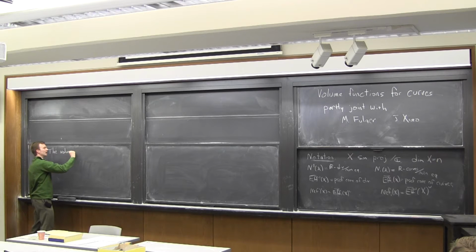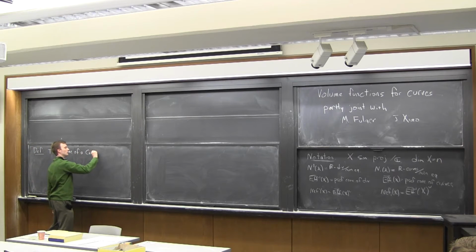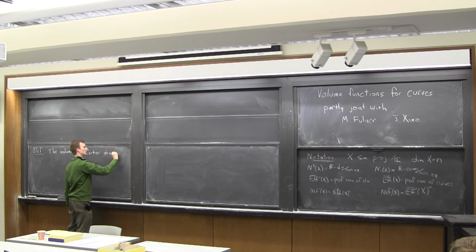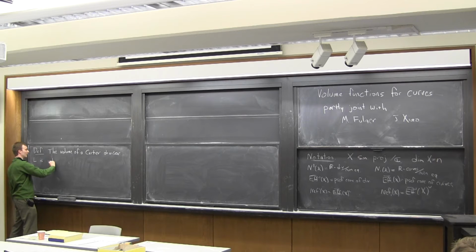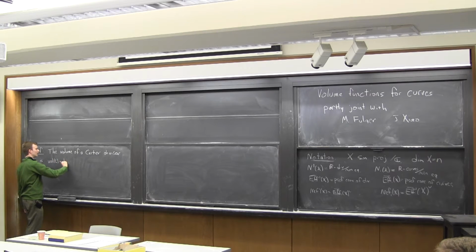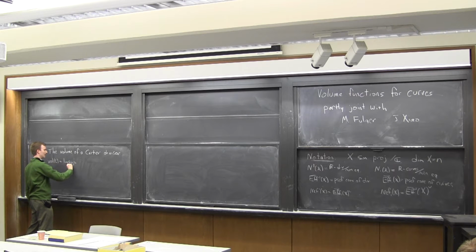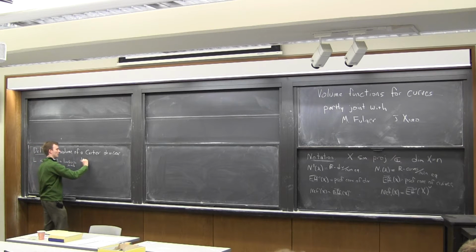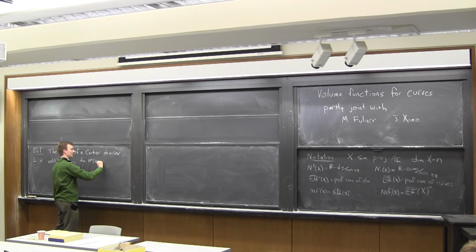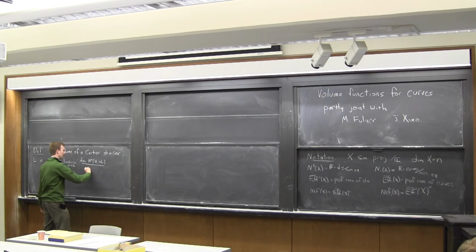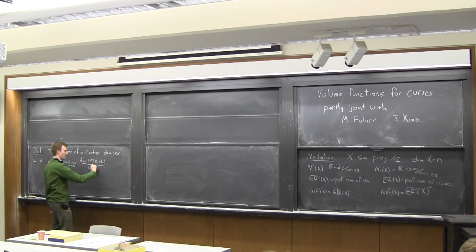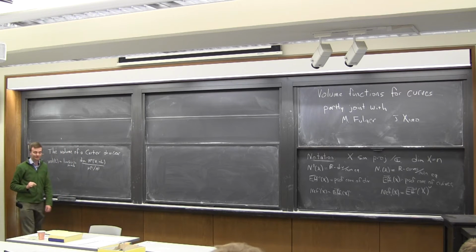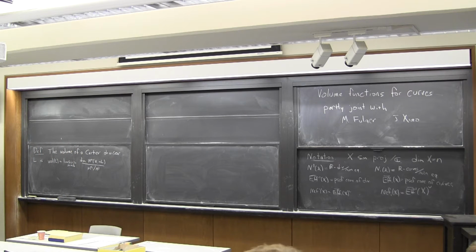So the volume of a Cartier divisor, let's say L, I'll denote it by vol of L, and it's the lim sup as m goes to infinity of the dimension of the space of sections of m times L against m to the n, where, as always, n is the dimension of X, and then rescaled by n factorial. So this is a familiar constant. We've seen it several times already. We'll see it several times more.